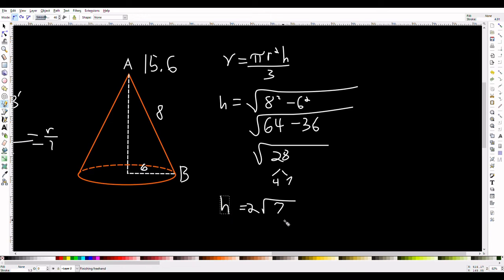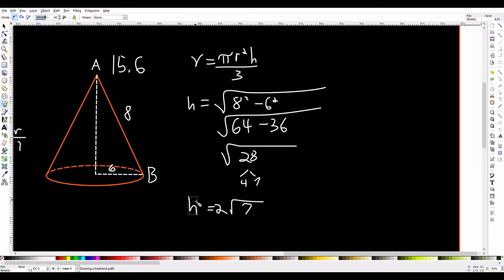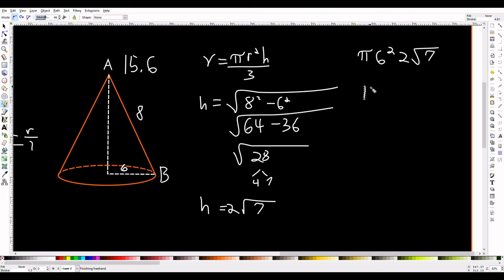Alright, now I can just plug everything into my volume formula now that I have h and I already have r. And that will give me pi times 72 root 7. But I forgot something.